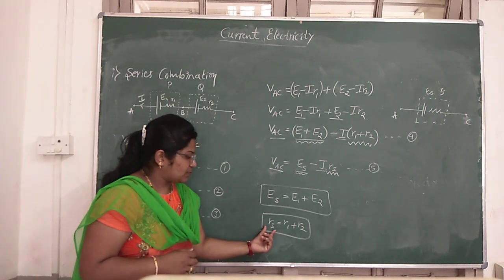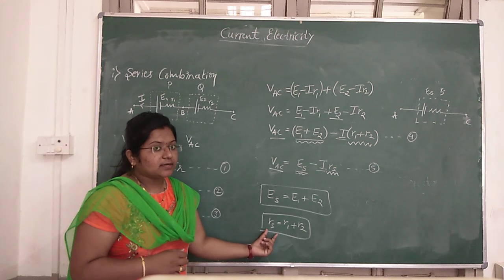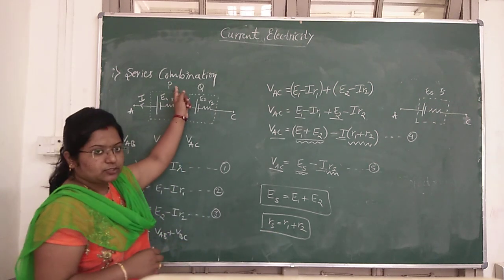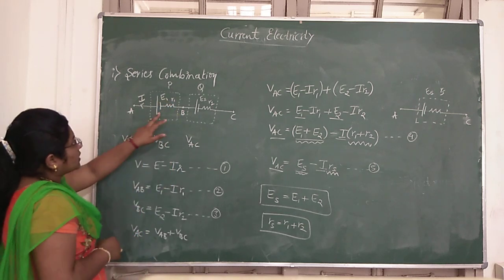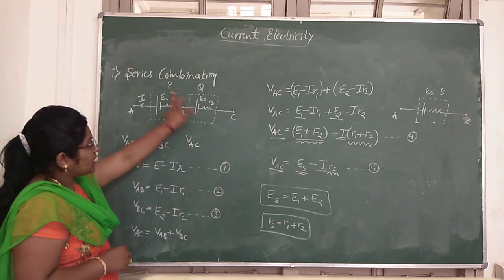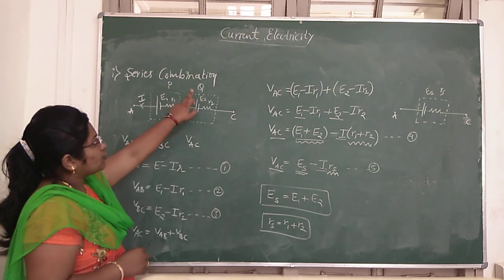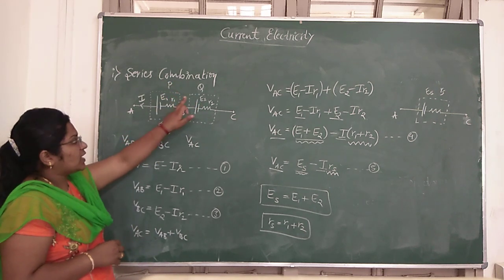So this is the expression for effective EMF of the cells in series. This is the expression for effective internal resistance of the cells in series. Understood? What we done here? We taken two cells P and Q of EMF E1 and E2, and of internal resistance R1 and R2.